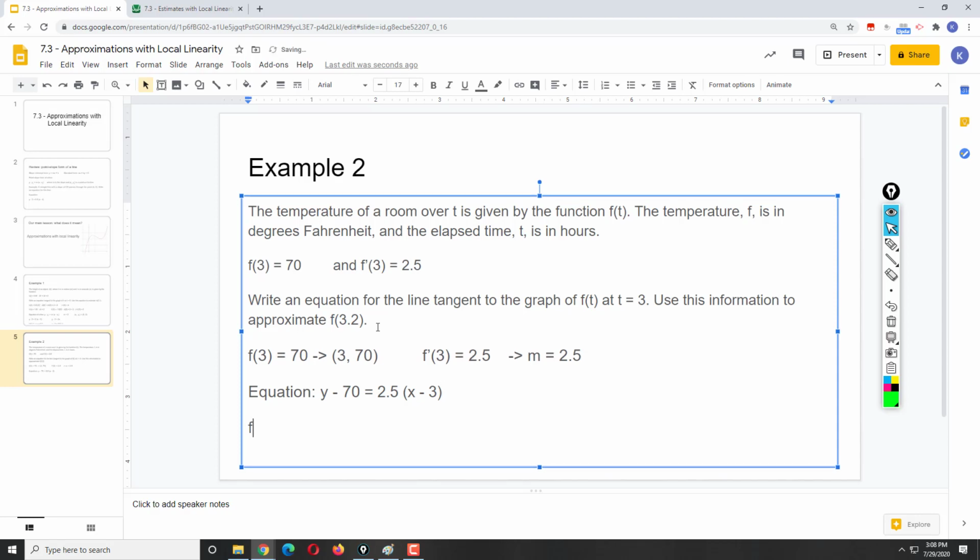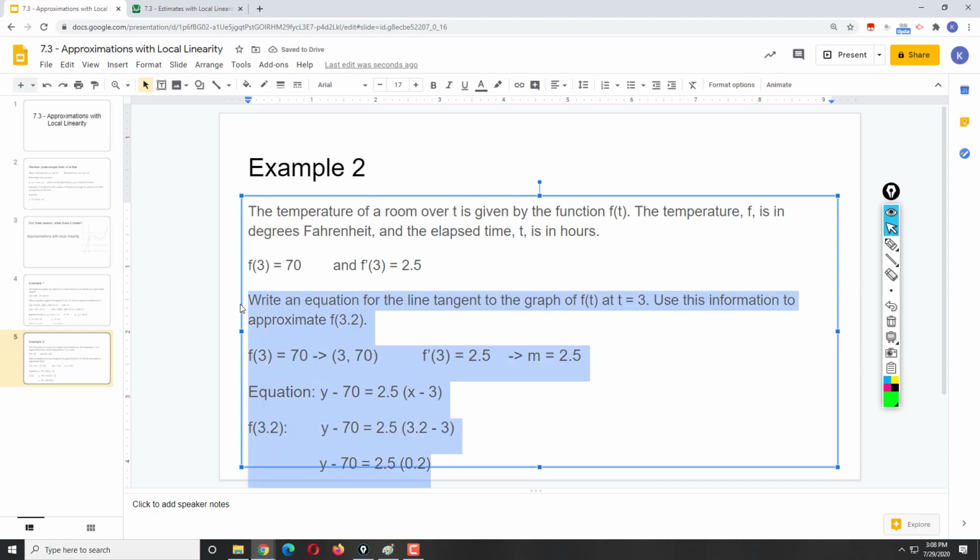Now we want to approximate f of 3.2. So using this equation, I'm going to plug in 3.2 for x. This gets us y minus 70 is equal to 2.5 times 0.2. Okay, let's make this smaller so we have more room.